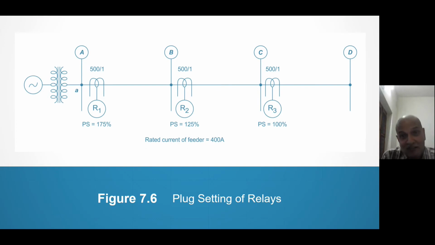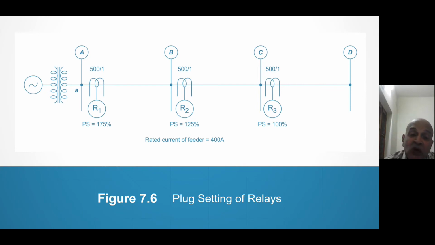Third rule, very important. R2 should reach up to D for a double line fault with minimum generation. Now it may so happen that the fault current at D is so low that you have to set R2 at a lower value.